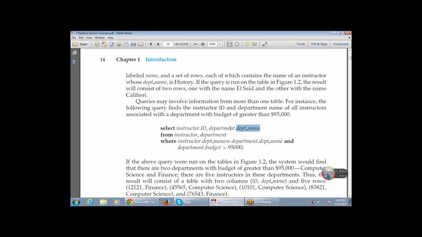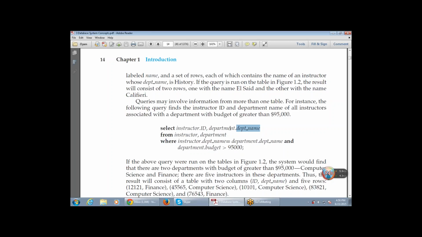So this is the condition to find the instructor ID and the department name from multiple tables. Where both department names are the same, that is the instructor table and the department table have the same department name, and the budget is greater than 95,000. There are three conditions: where the department name is similar, and where the budget is greater than 95,000.